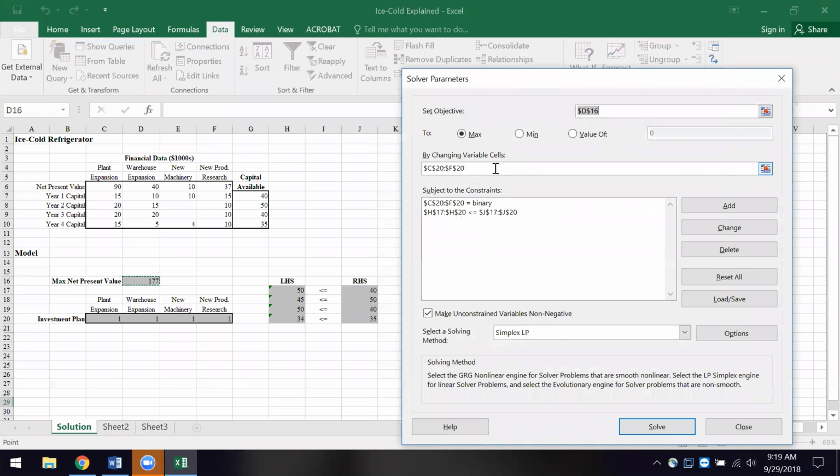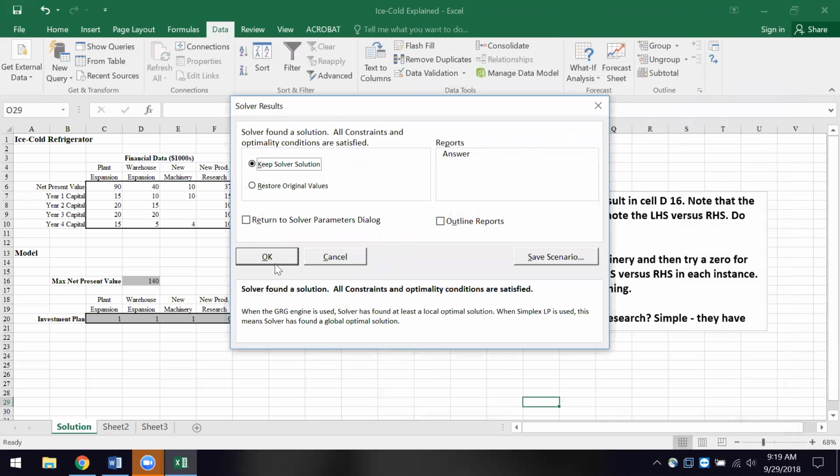And here we're using binary. What that means is we're saying it's a go or no go. We're either going to do it or not. So I changed the new product research to 1. This assumes a simplex, and let's solve it and see what happens.